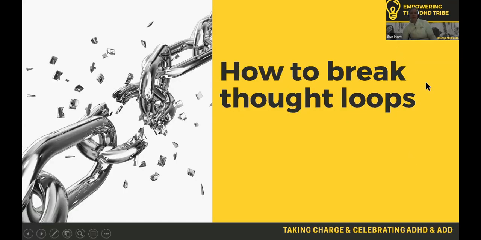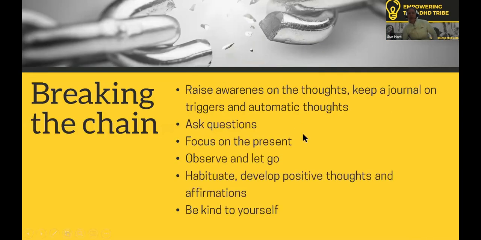So how to break free of these thought loops? This is the burning question because we know that they're there. It's not about knowledge, it's about transformation. The first thing: we can't change what we're not aware of. So we must raise awareness of these thoughts. You can keep a journal. You can use an app called the Thought Diary, and you can start putting these thoughts on trial.